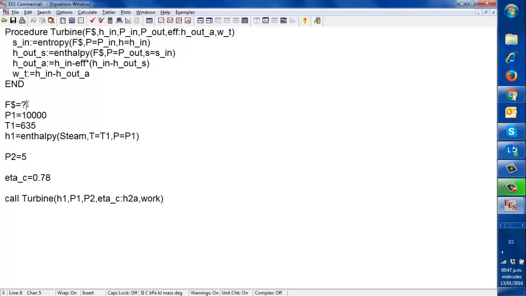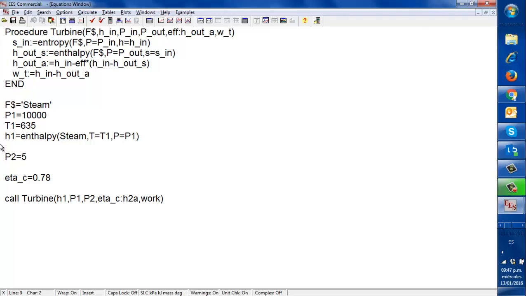Right now, you have P1 at 10,000, but it's not part of the procedure. The procedure will call P1. But in the procedure, you have a variable assigned to P1. Should it be called P in? Yes, P in. The first number that it reads, I said P1. It's in order, okay.